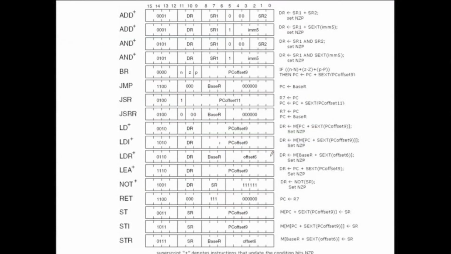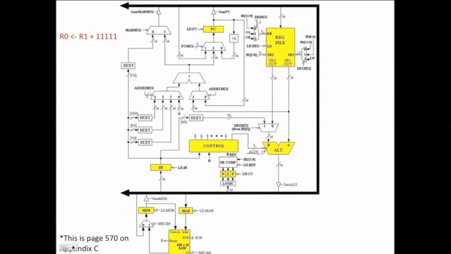So we need to choose, first of all, 0, 0 for ALUK, and also let's start from R1. So we need to choose R1. That's defined in the instruction on bits 6 to 8. So it's this line coming down here.